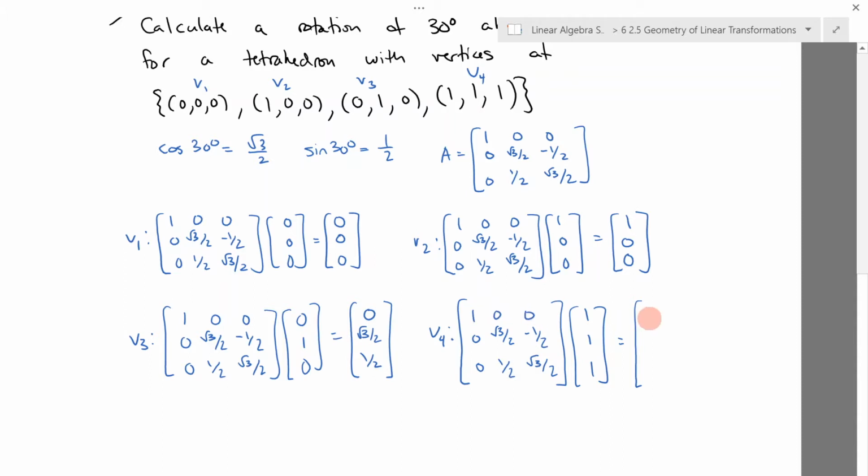So 1, 0, 0 is 1, and this plus this is the second entry, so square root of 3 over 2 minus 1/2, and then last entry would be the sum of these two entries, so 1/2 plus square root of 3 over 2.